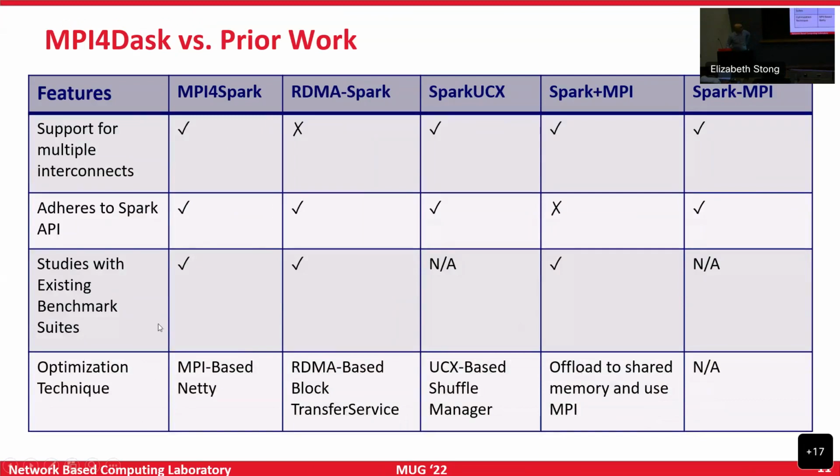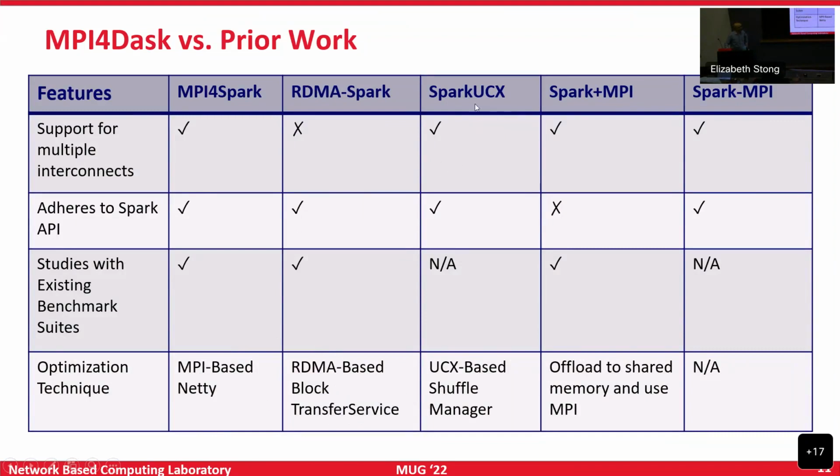So these are some comparisons with existing work. What I want to emphasize is that there are different ways we can come up with our solution. For example, if we look at RDMA-Spark, they have an RDMA-based block transfer service. This will make more sense when I show you the block diagram again.